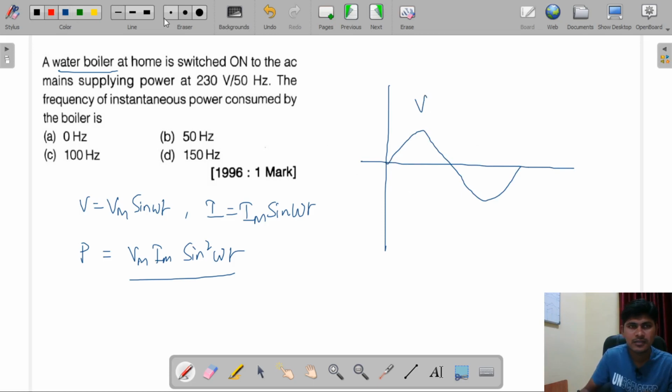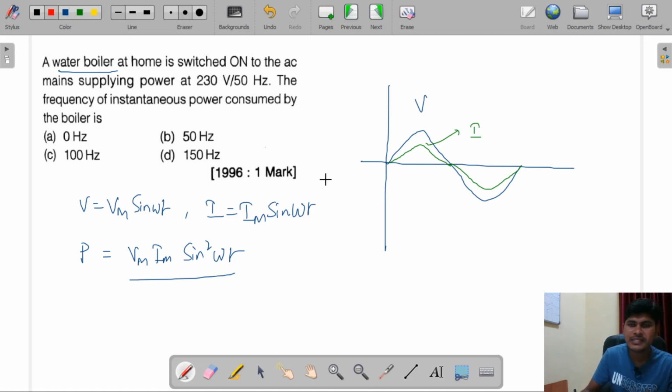Coming to the current, you are going to have current waveform like this. Both will be in phase. This will be current I.